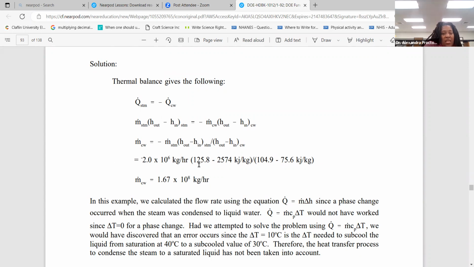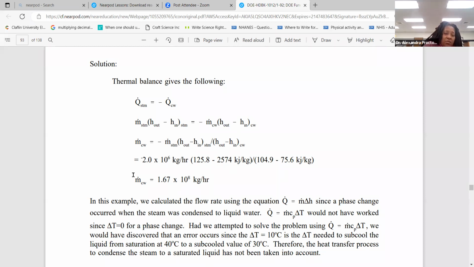Then they get this M CW by itself. So M CW is equal to negative M STM times H in minus H out for STM, divided by H out minus H in for CW. And then they plug in and solve.